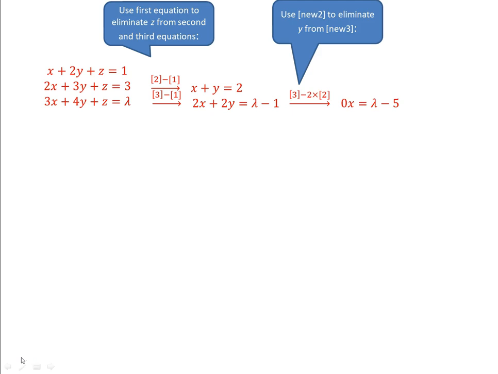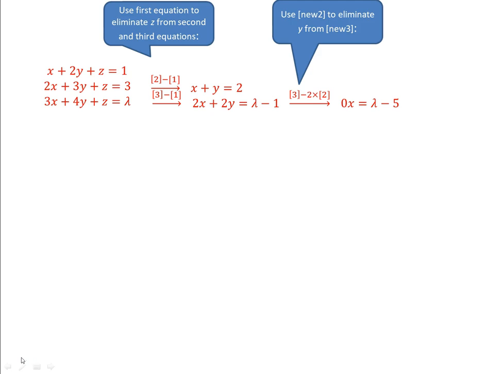If I do that, I've got 2x take away 2x, and it's important at this stage that I said I wasn't trying to eliminate x, so 2x take away 2x is 0x. I was trying to eliminate the y's.